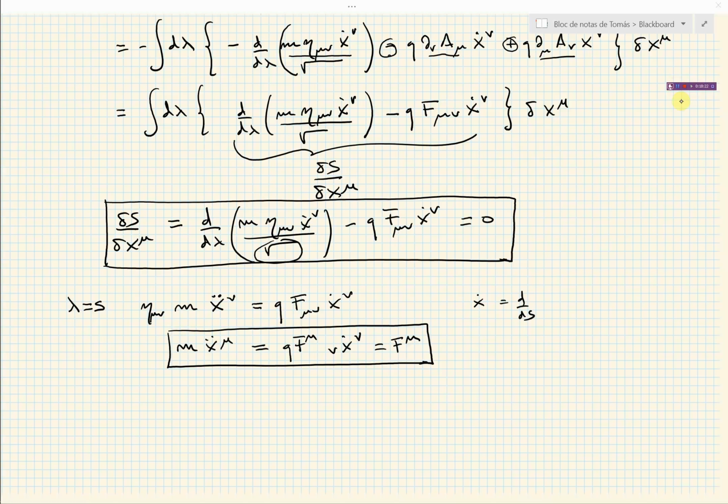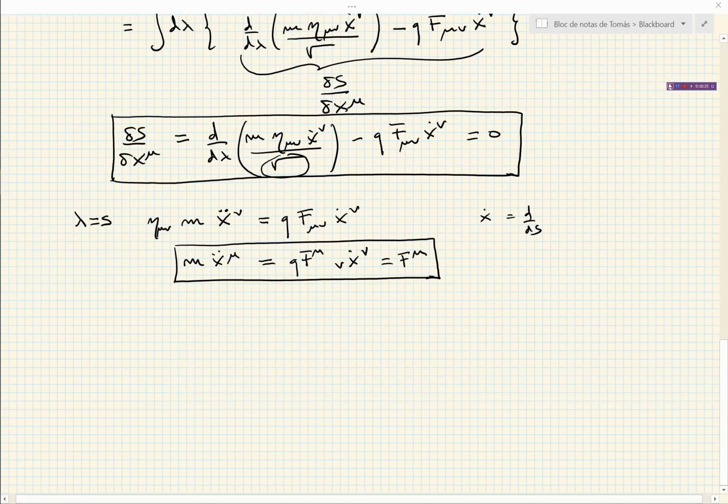If you want to write this in a more conventional looking way, you probably want to choose the coordinate time instead of the proper time. In that case, let me rewrite all this. You will have m d dt, and here you have this factor 1 over a square root, which becomes, as you know, 1 over the square root of 1 minus v squared divided by c squared.